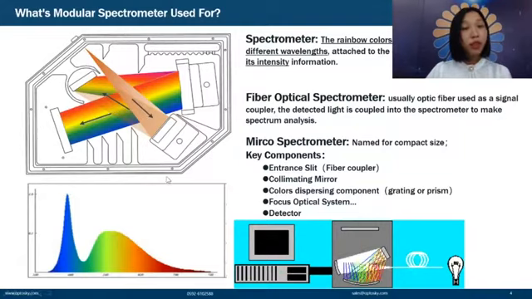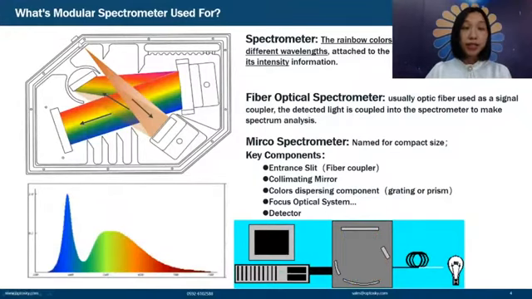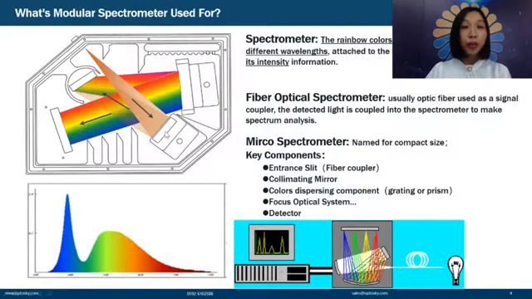So the next question is, what is the principle of a modular spectrometer? Usually the light shoots in here, and in this place we have a slit, which forms a light beam that shoots onto the grating.